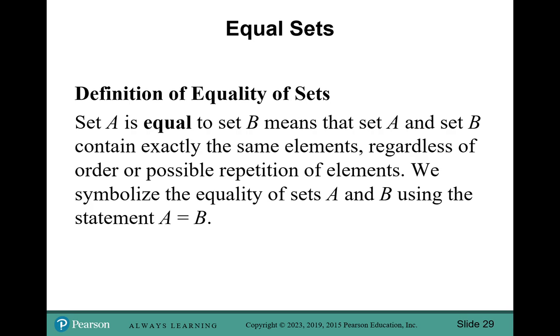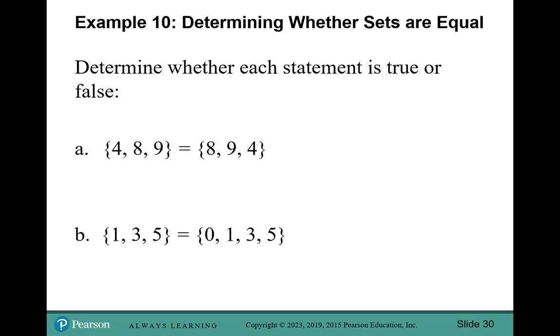We symbolize the equality of sets A and B using the statement A equals B. So let's look at this and determine whether sets are equal. It says determine whether each statement is true or false. We have the set 4, 8, 9, and we have the set 8, 9, 4. Are those equal? Yes, they are, because order doesn't matter. This is a true statement.